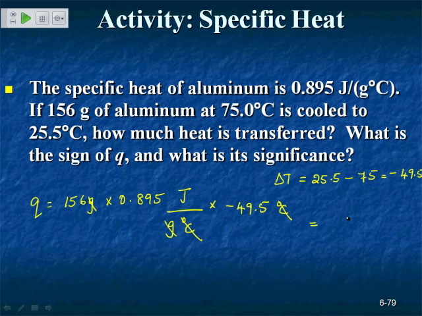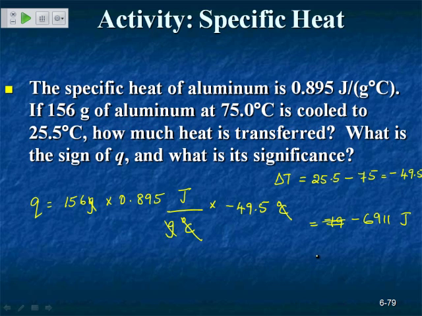How many joules? What is Q? It's straight multiplication, guys. Negative 6911 joules.